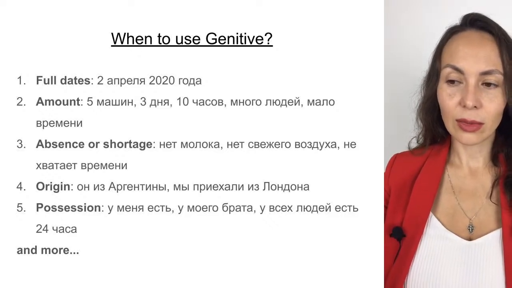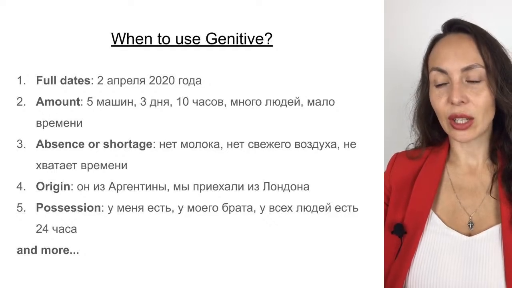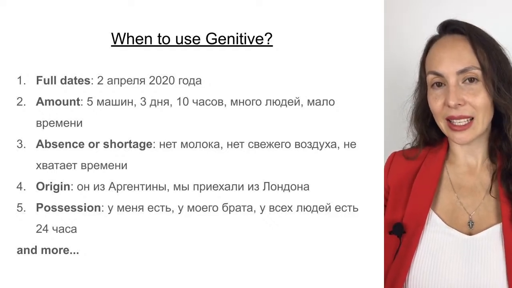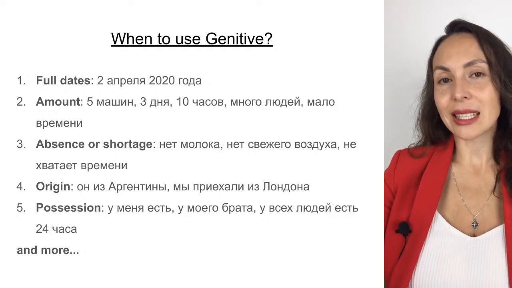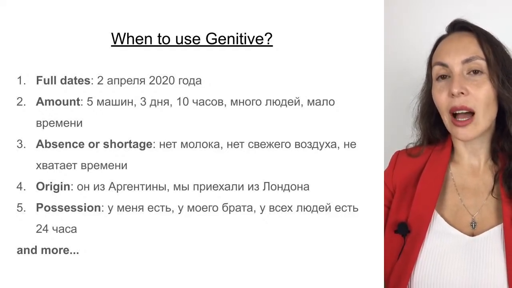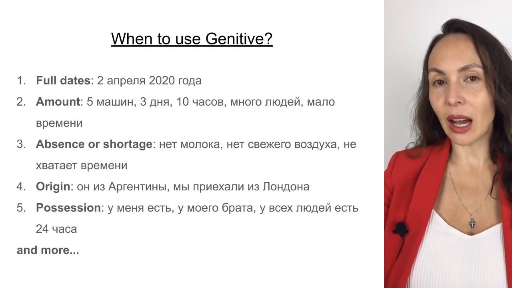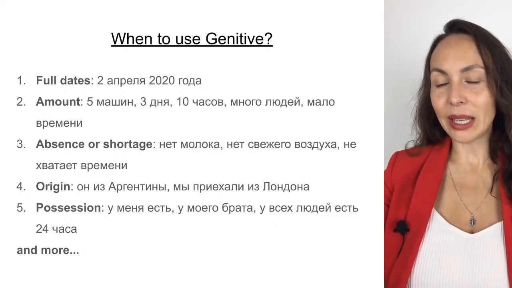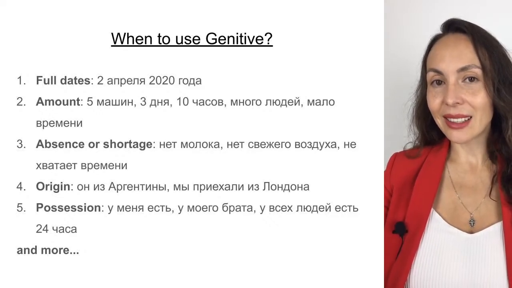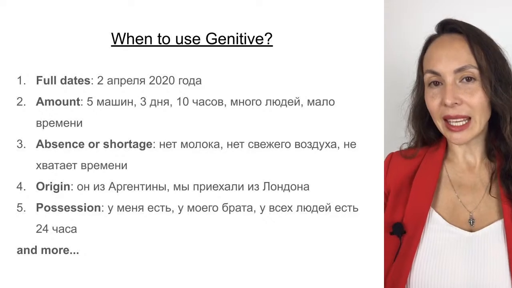And another one, possession. У меня есть. What in English is I have, in Russian is a special construction. У меня. You can replace меня with anything or anybody, and the one who possesses will be in genitive.